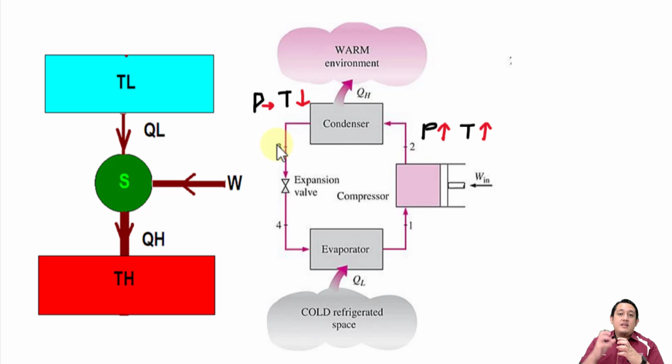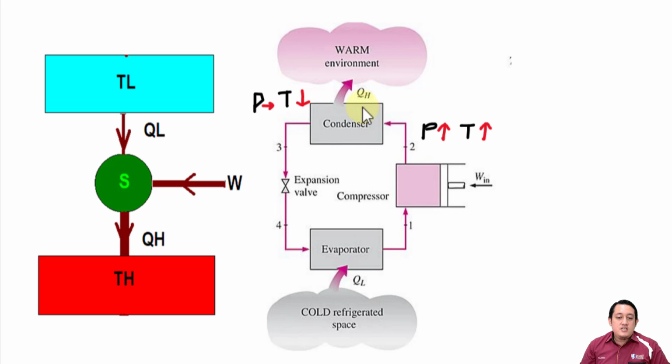So it will be a high temperature and high pressure gas. This gas will flow to the condenser, and it will change its phase from gas to liquid. This is what is happening inside a condenser. So the one leaving the condenser is liquid refrigerant.